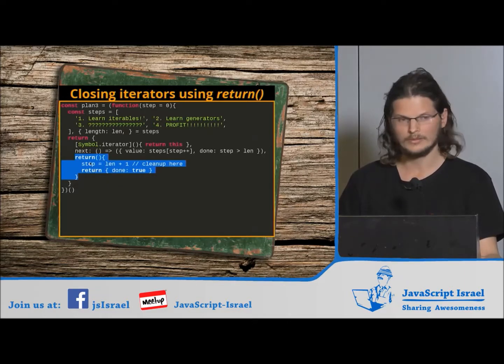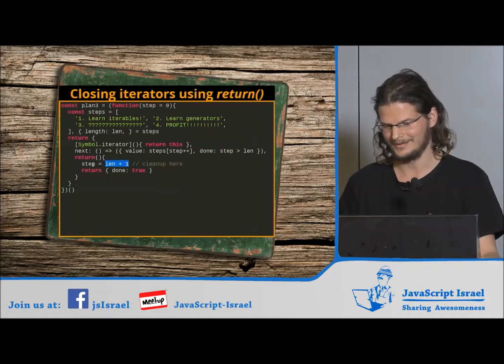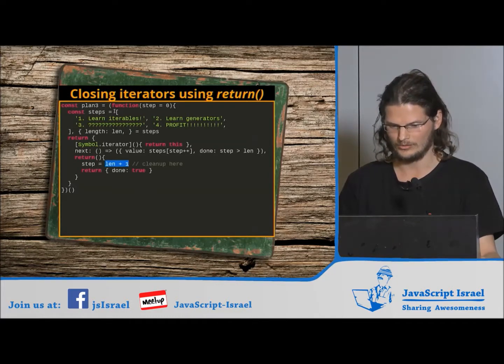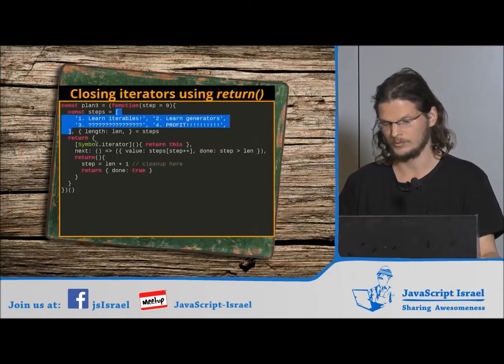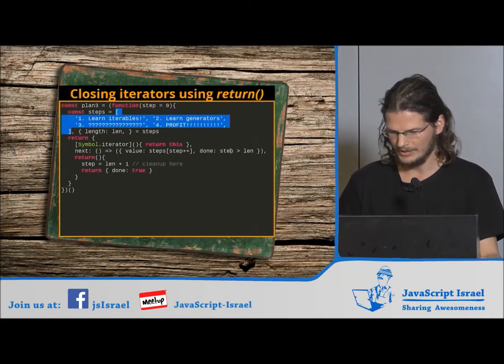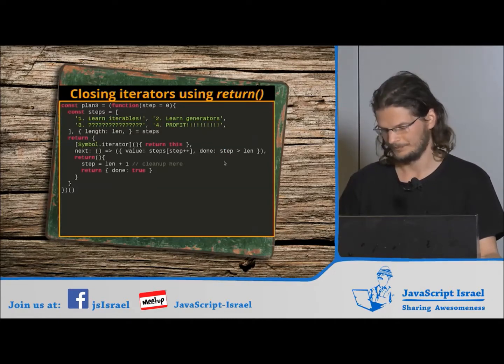Our optional return method assigns a length which is greater than the amount of steps which we have, so that the done condition will always be true.